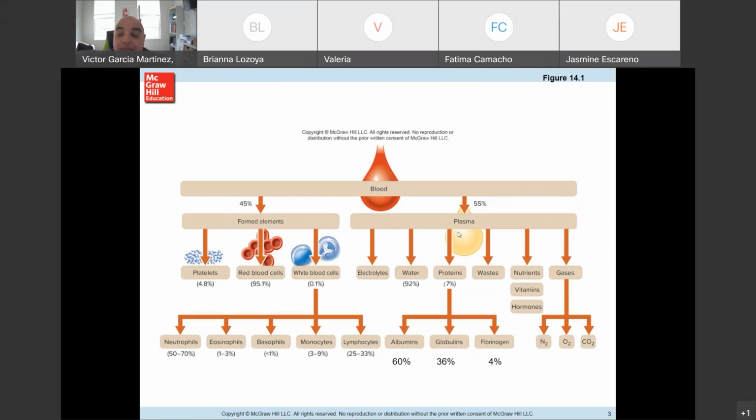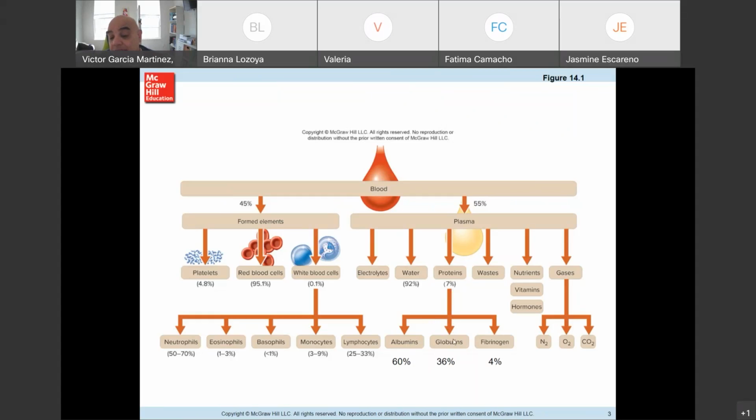We also have a huge component of proteins, and they are very important. Albumins, if you remember, are the magnet for the blood. We are able to keep our blood inside the blood vessels because of the albumin. The albumin provides the oncotic pressure, the magnet, to keep our blood inside our blood vessels.